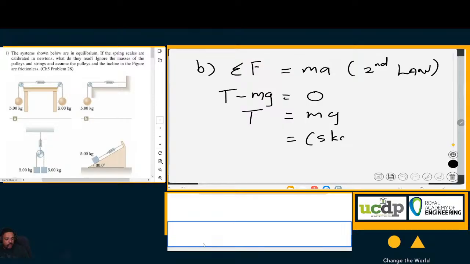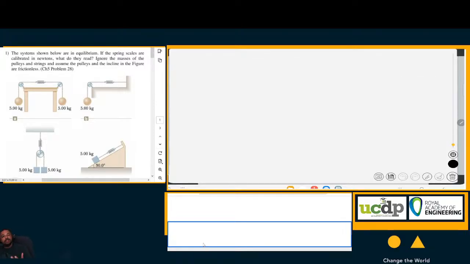It's 5 kilograms multiplied by 9,81 meters per second squared, giving us 49,0 newtons of force on that spring scale for B. It's exactly the same as system A. Now, if I go too fast, you can just pause and then catch up.